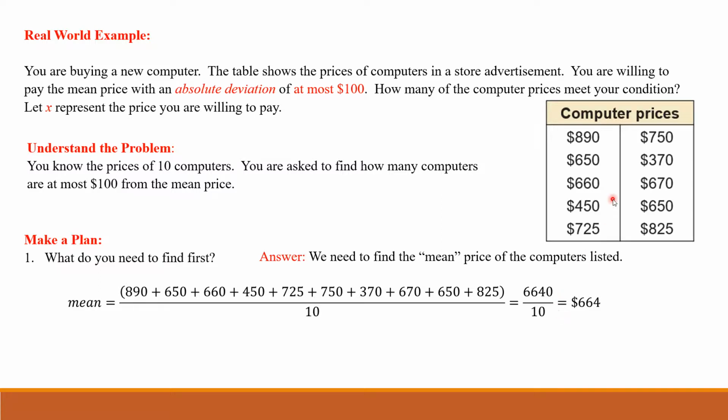You could probably look at this table of values and figure them out just by looking, if we understand what this means. Our mean value is 664, and we're willing to purchase a computer, probably based on what features it has, between $100 less than 664 and $100 more than 664.